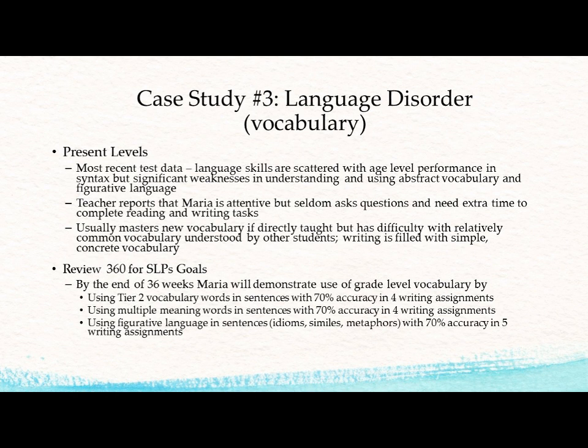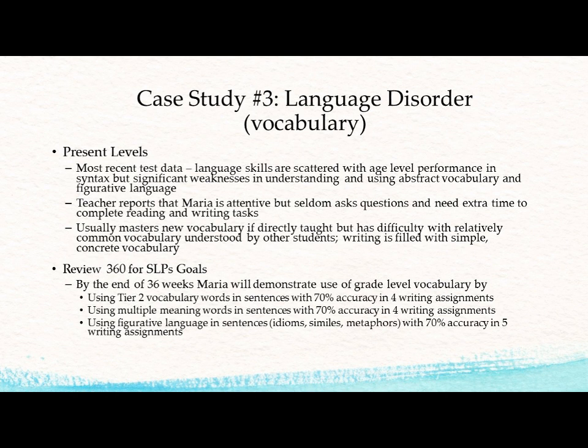So there are 3 areas that goals and objectives were developed for. By the end of 36 weeks, Maria will demonstrate use of grade level vocabulary by using Tier 2 vocabulary words in sentences with 70% accuracy in 4 writing assignments, using multiple meaning words in sentences with 70% accuracy in 4 writing assignments, and using figurative language in sentences, idioms, similes, and metaphors with 70% accuracy in 5 writing assignments.